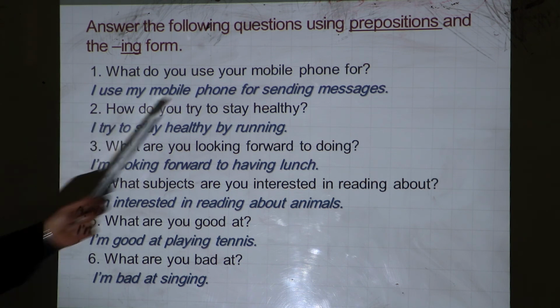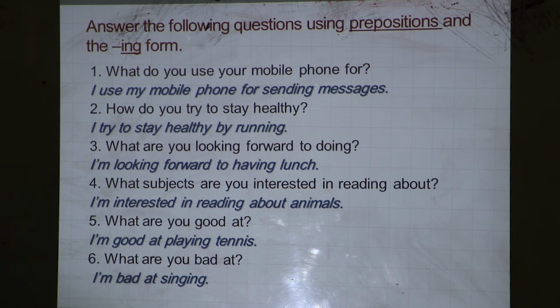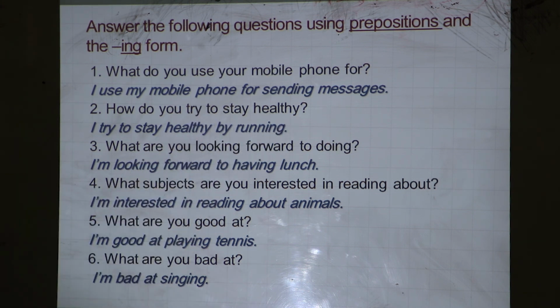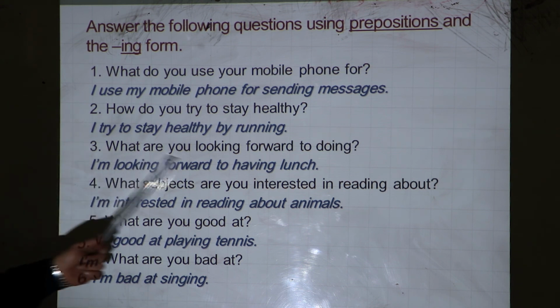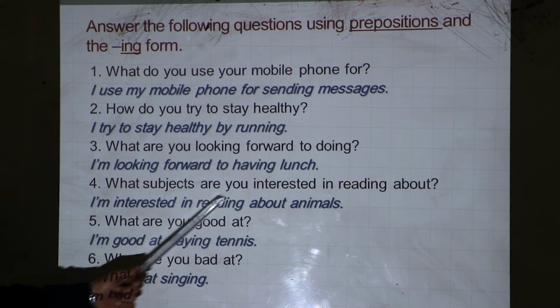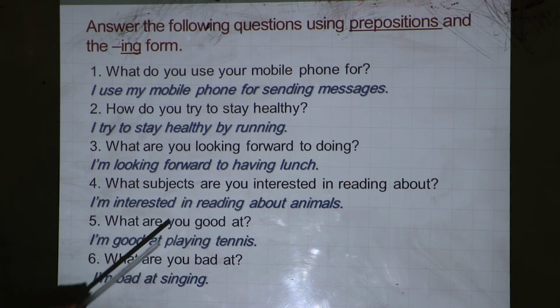For is used for the use or the purpose of something. By is used to show or describe how something is done. And in the rest of the examples, we use a preposition plus ing. Look forward to having, in reading after interested, at playing, at after good, and at after bad.